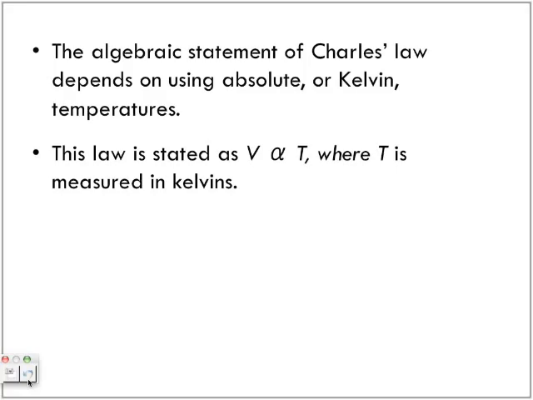So here we have the alpha symbol, which we saw before. So V is proportional to T. And that was what I just explained a second ago, that if V decreased, so will T. So it's a direct proportion between the two.